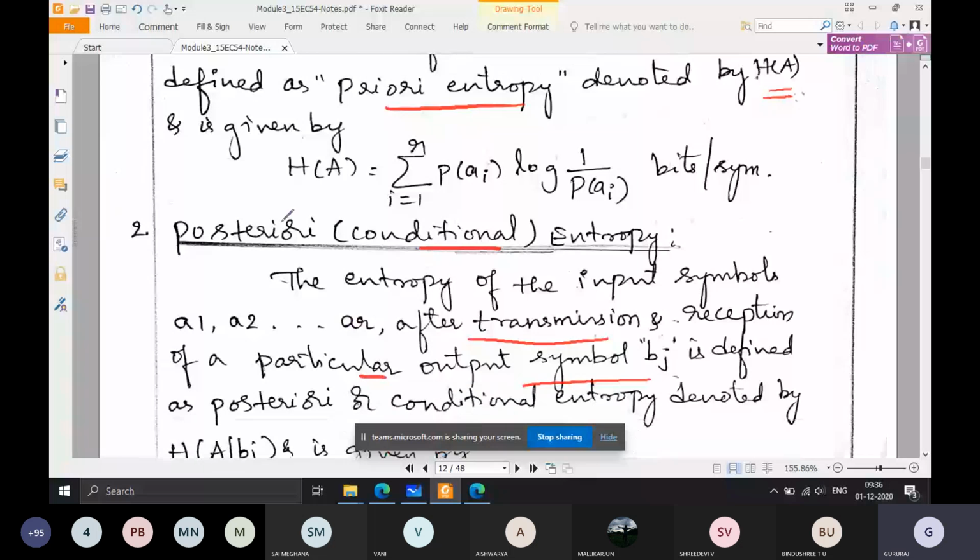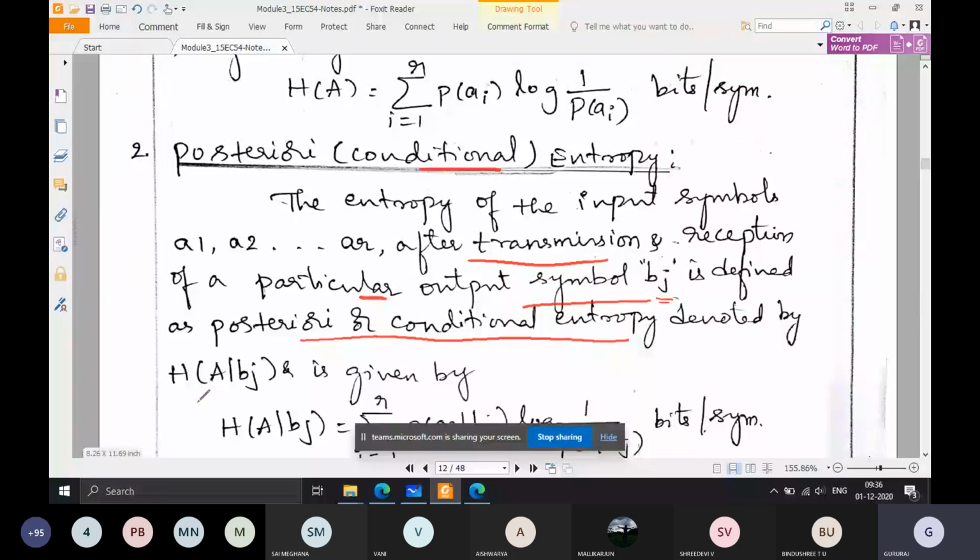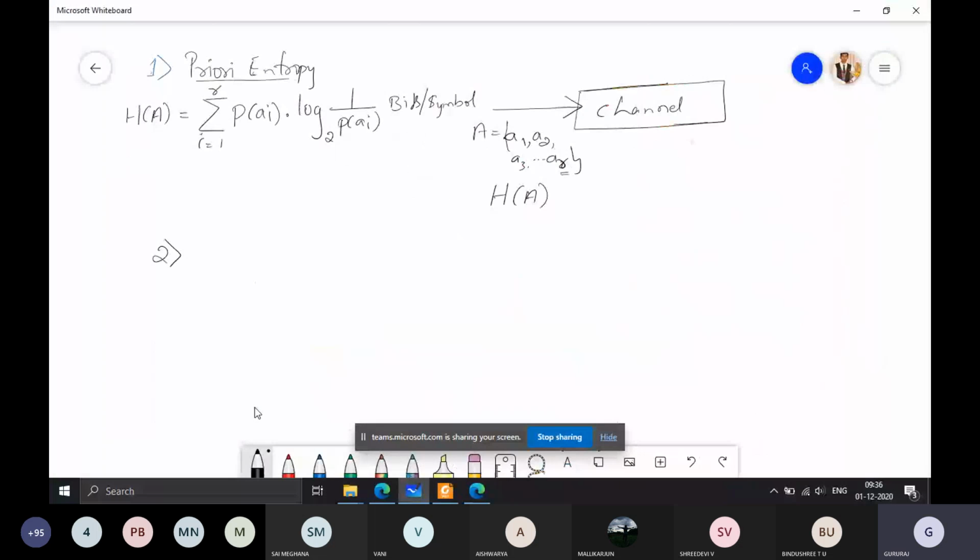Once you transmit the symbols A1 to AR and receive one of the output symbols Bj, the entropy is defined as posteriori entropy, also known as conditional entropy. It is denoted as H of Ai by Bj.